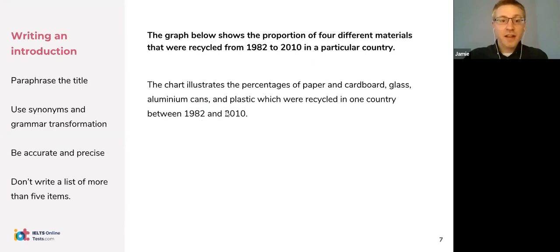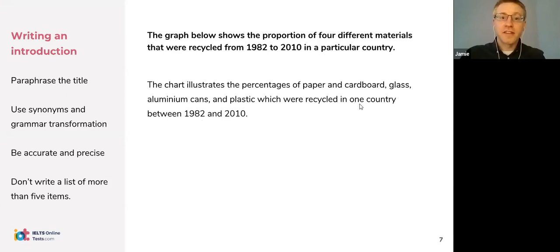So here I've been a bit more specific by specifying the materials that are recycled, and I've used percentages instead of proportion. Instead of saying in a particular country, I've said in one country. And instead of from, I've said between.